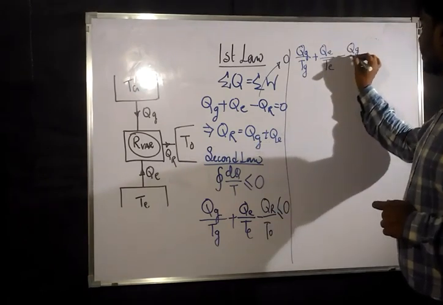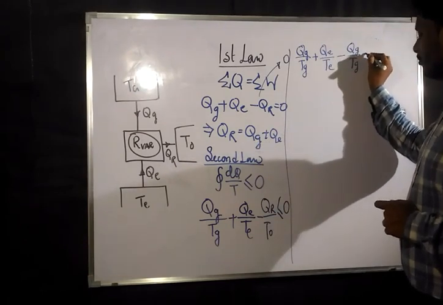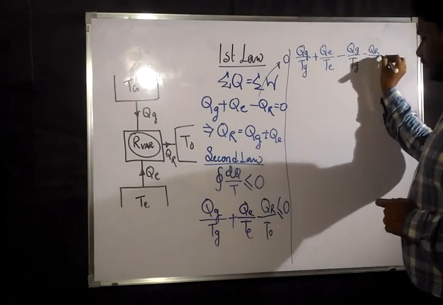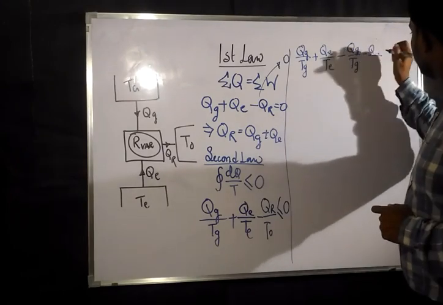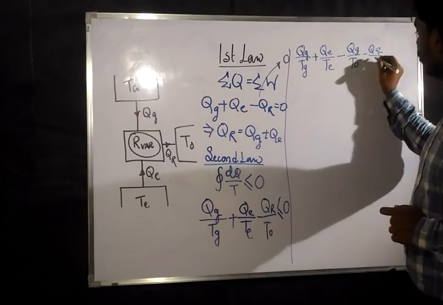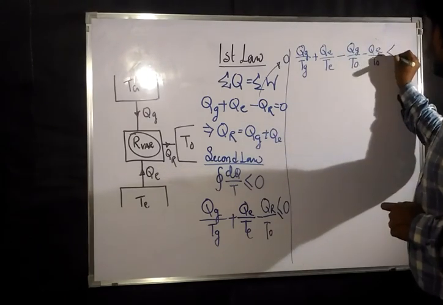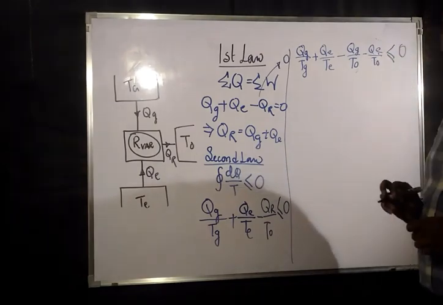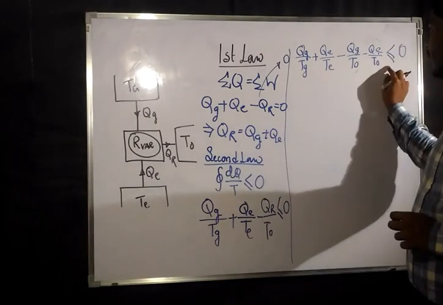So you are going to get Qg by Tg plus Qe by Te minus Qg by T naught minus Qe by T naught, and that is going to be less than or equal to 0.